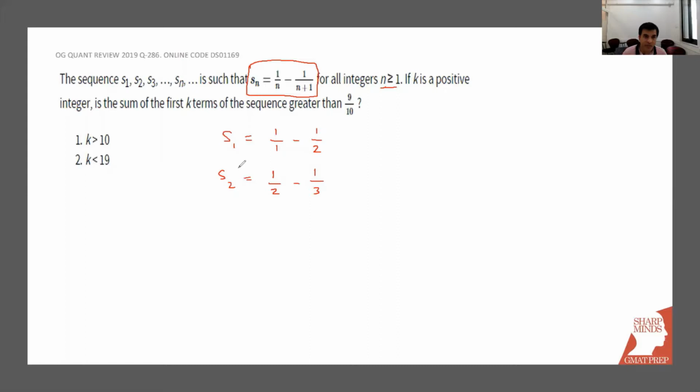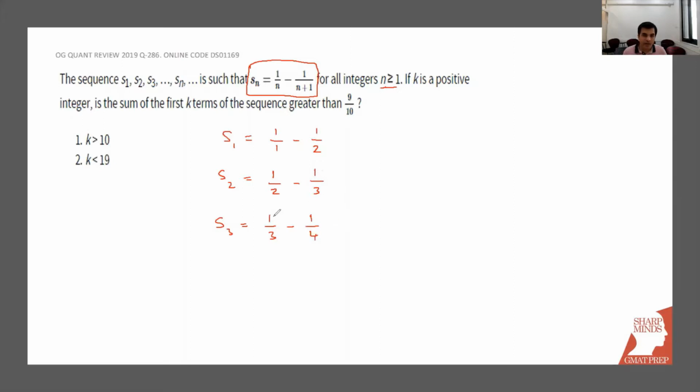So when I add up S1 plus S2, you can already see certain cancellations happening. Okay, so that is the reason we have left it as it is. S3, the third term, one over 3, 1 upon n, minus 1 over 4.